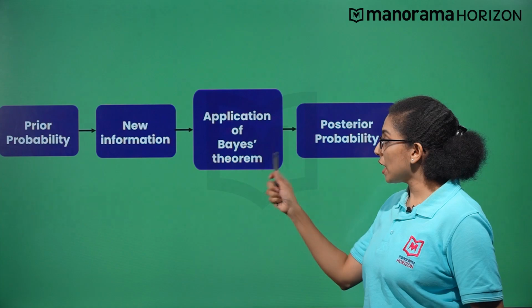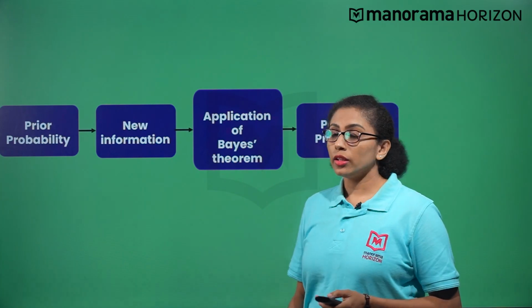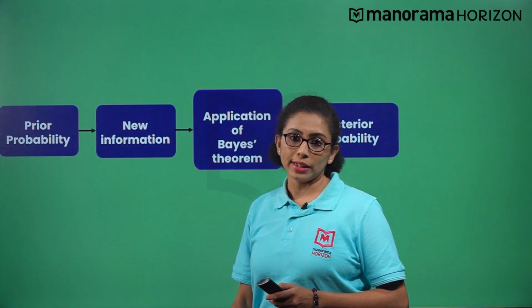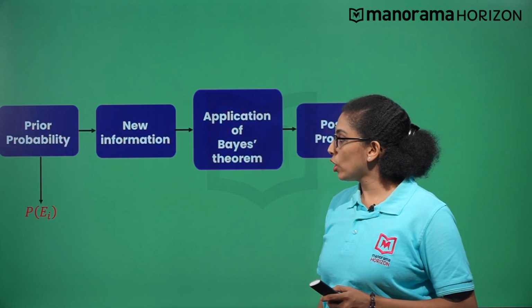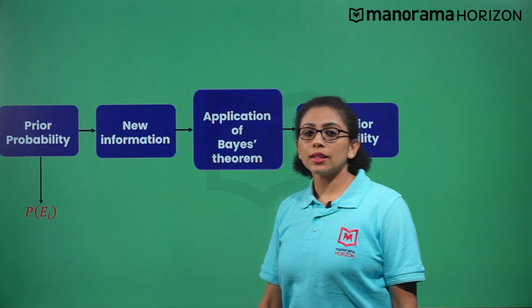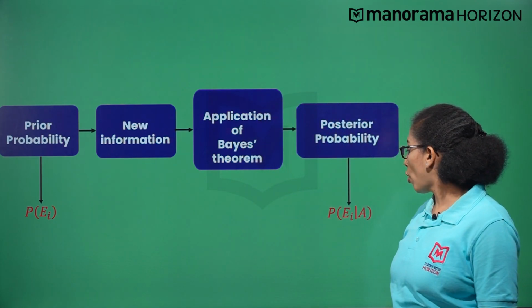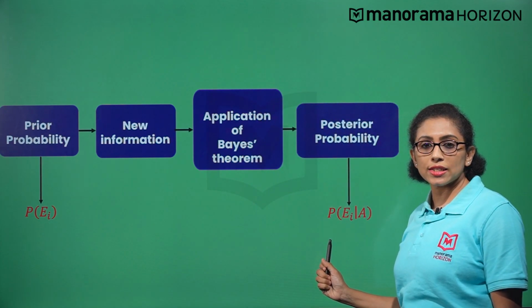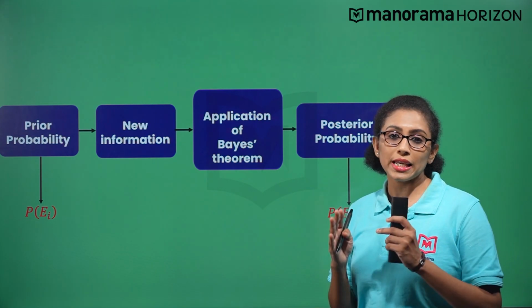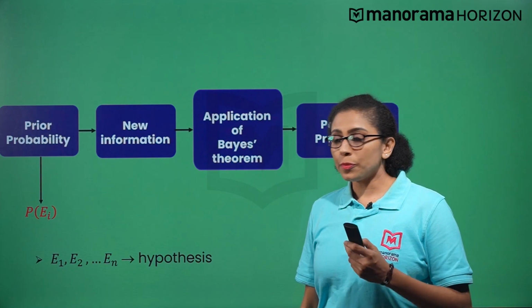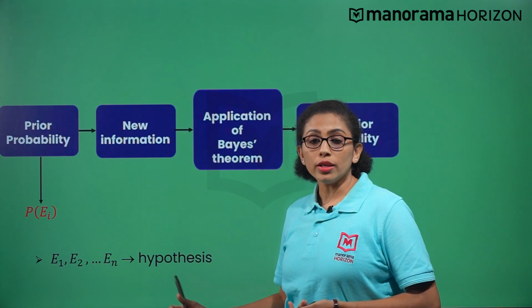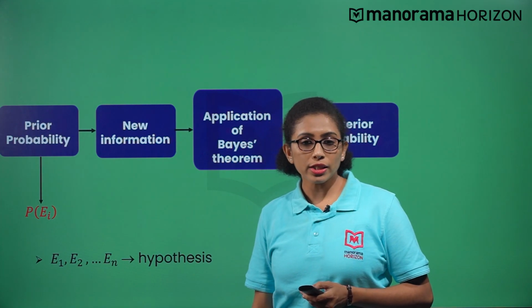Bayes' theorem helps in relating the posterior probability with the prior probability, where P of Ei is the prior probability and the conditional probability P of Ei given A is called the a posteriori probability of the hypothesis Ei. So, as per the equation, E1, E2, En are called hypotheses, right?